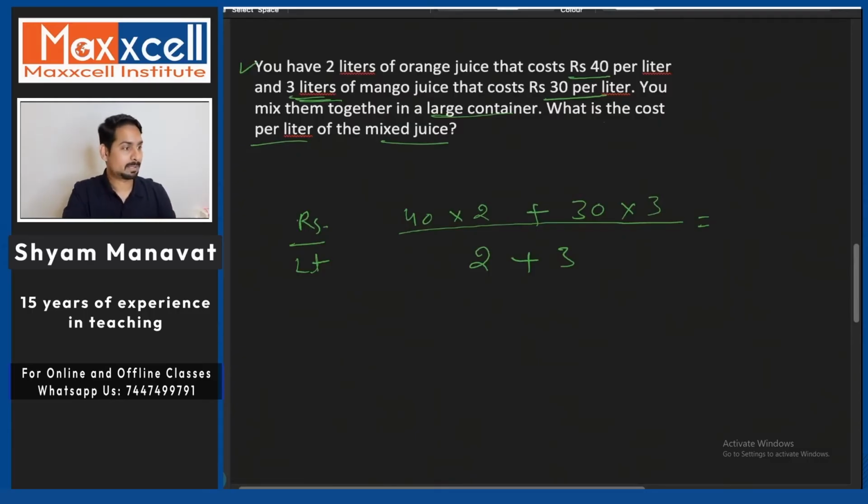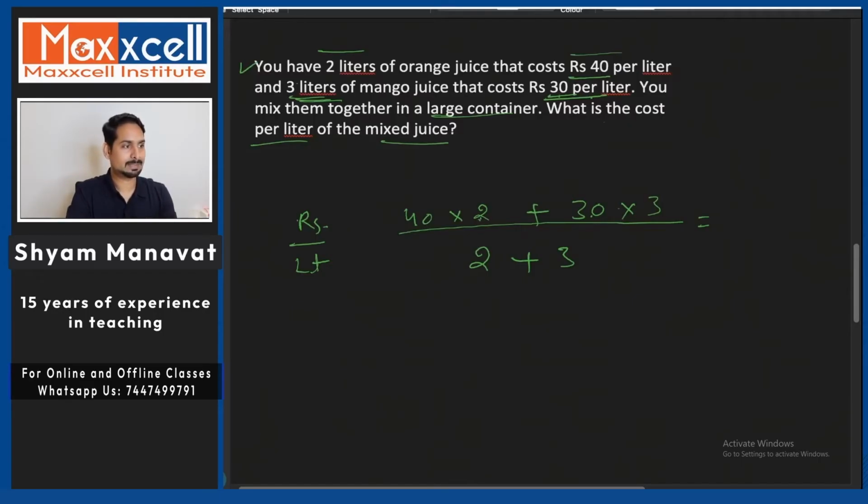So at 40 rupees per liter, you got 2 liters. So you spend a total of 40 into 2, plus you spend 30 into 3 on the juice at 30 rupees per liter, and you divide by the quantity. So you will get what? 80 and this is 90.